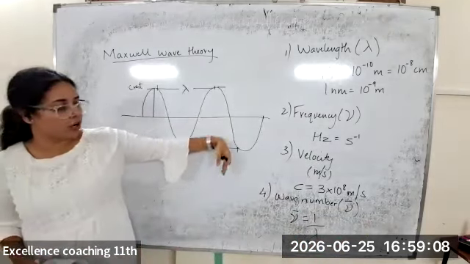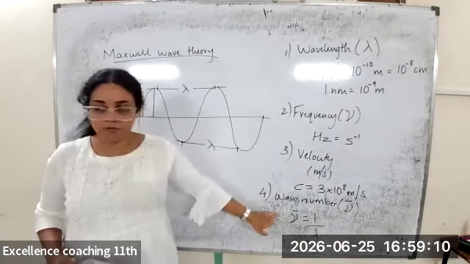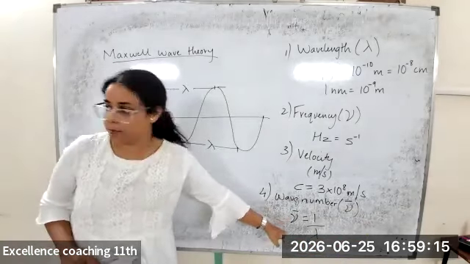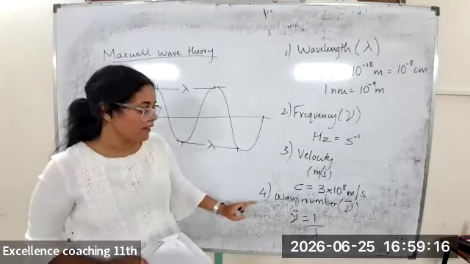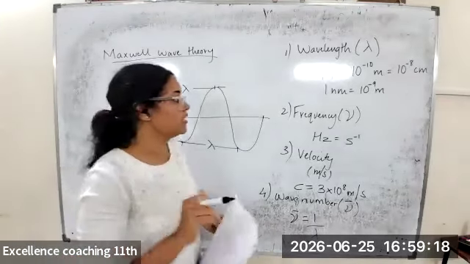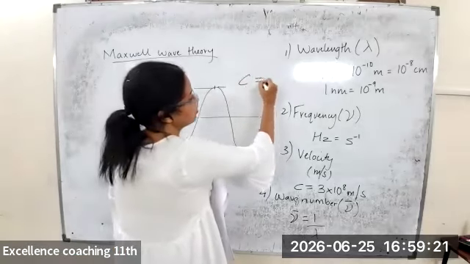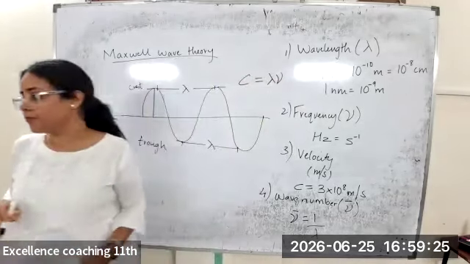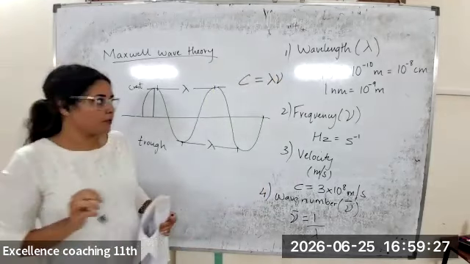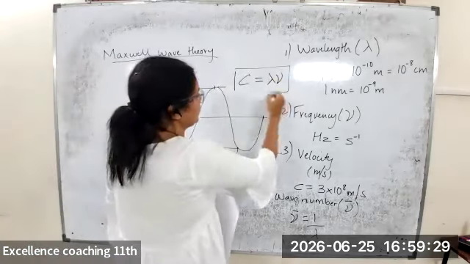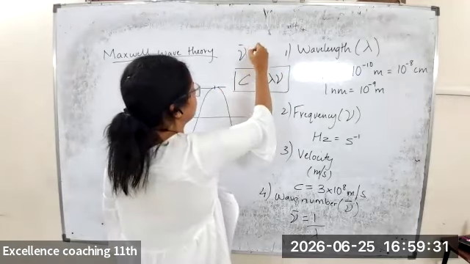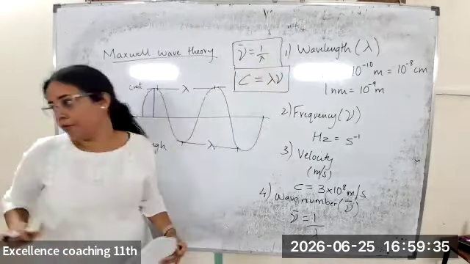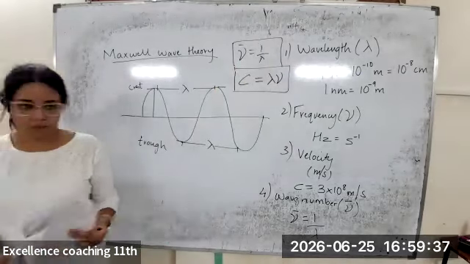The reciprocal of your wavelength will be your wave number. And there is another very important formula, that is C is equal to lambda nu. These two formulas are very important when it comes to problems.